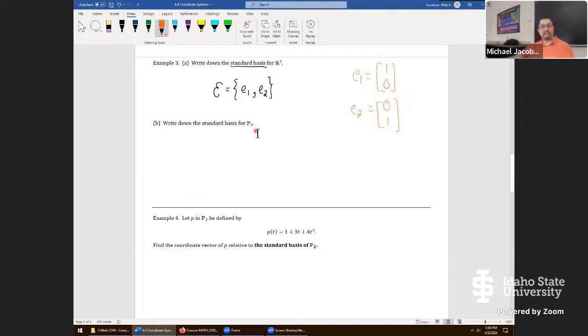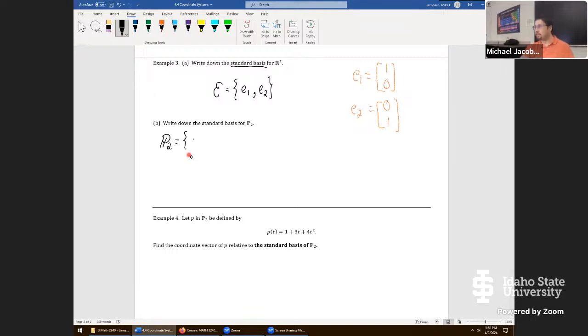Now let's do the same for P2. Writing down a basis for P2 is kind of tricky. First thing you'd want to do is think about what is P2. Let's just write it down this way. P2, it's a set. I won't use set builder notation. I'll just use the curly braces to emphasize it's a set.